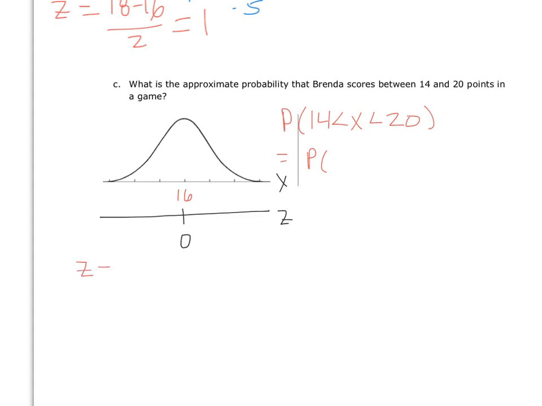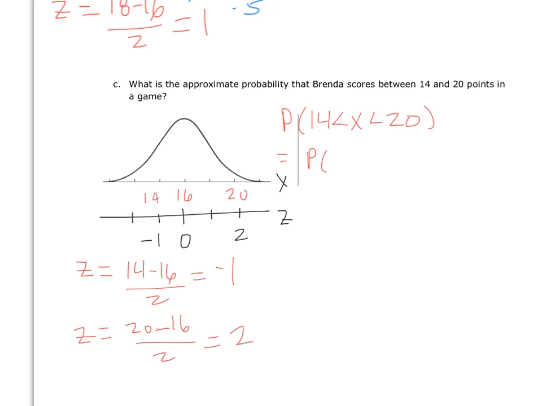We have z equals 14 minus 16 over 2, which is negative 1, and 20 minus 16 over 2, which is positive 2. So we're going from negative 1 to positive 2. Labeling the x-axis, we'll put the 20 with the 2 and the 14 with the negative 1.